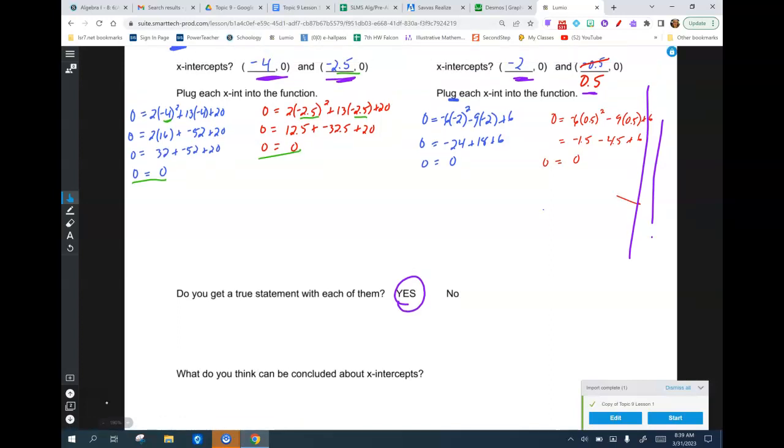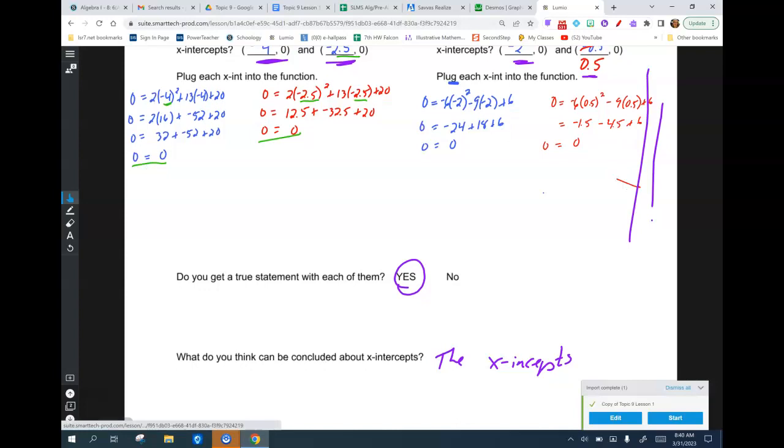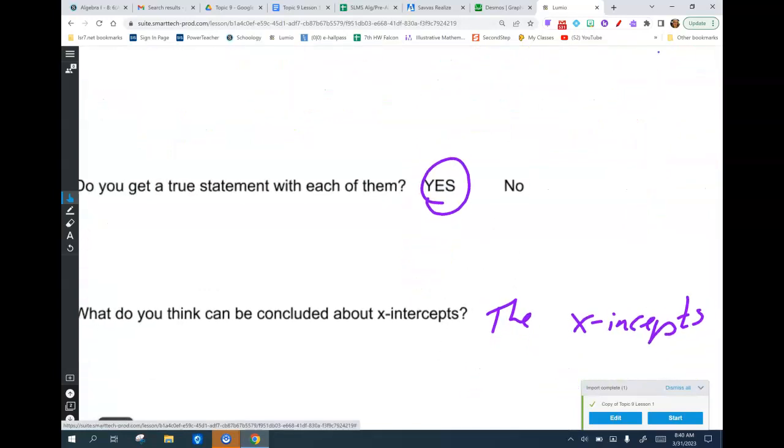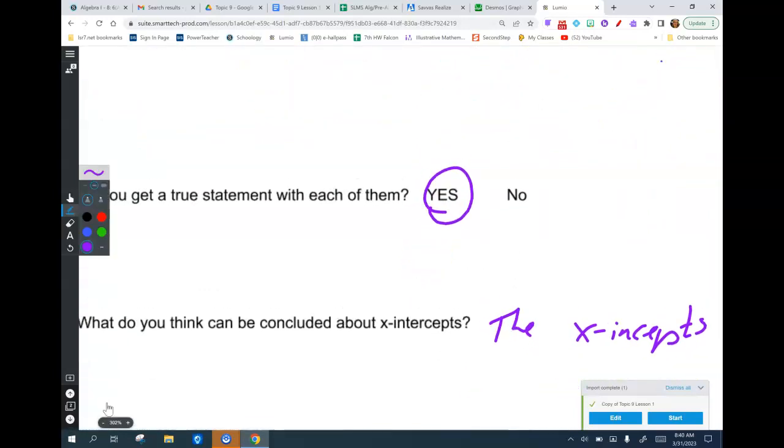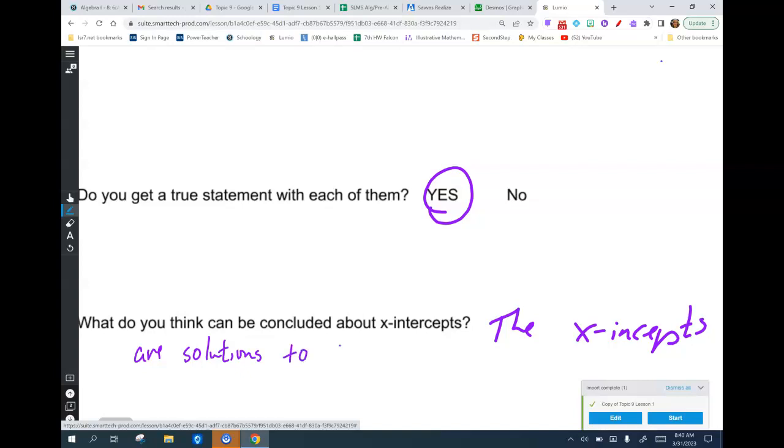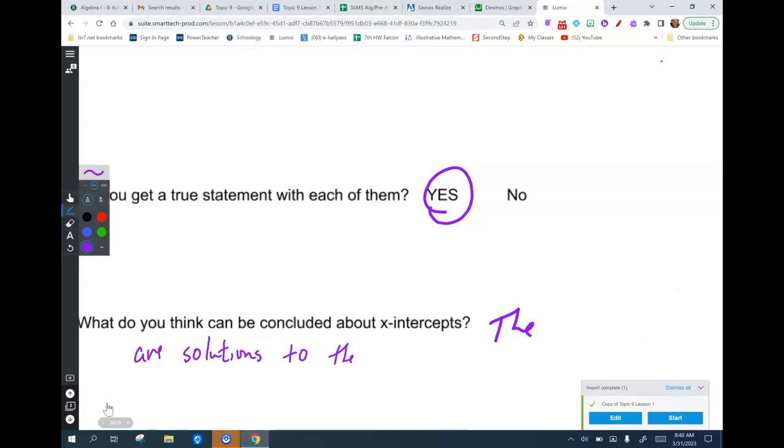The x-intercepts are the solutions to the, I should actually say the x-coordinates of the x-intercepts. Wow, I messed that word up. Okay, so let's try this again.